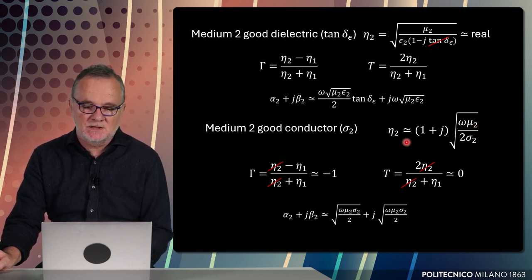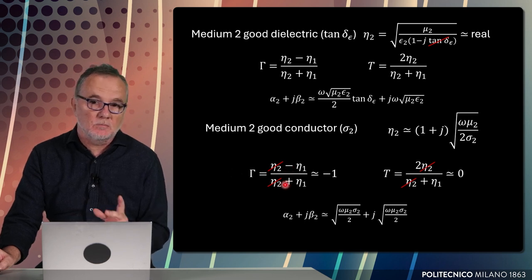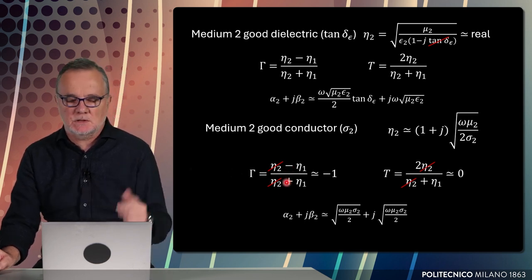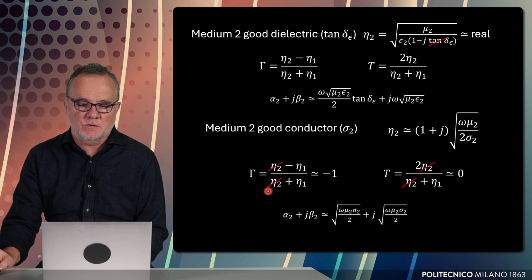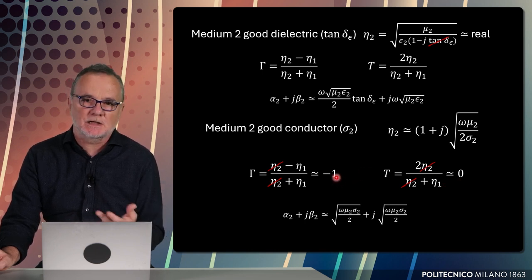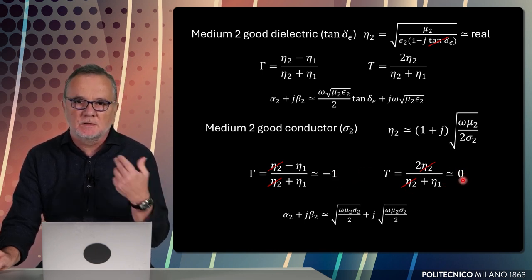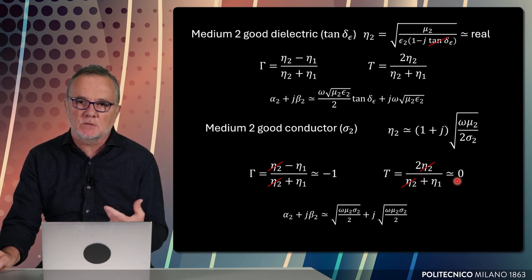Since this is a very small number, because good conductors have a very high value of conductivity, we can almost neglect its presence in most cases in the expression of the reflection coefficient, which is very close to -1. And the transmission coefficient also is very close to 0. These are not exactly -1 and 0, but for a quick estimate, we can consider them to be -1 and 0.